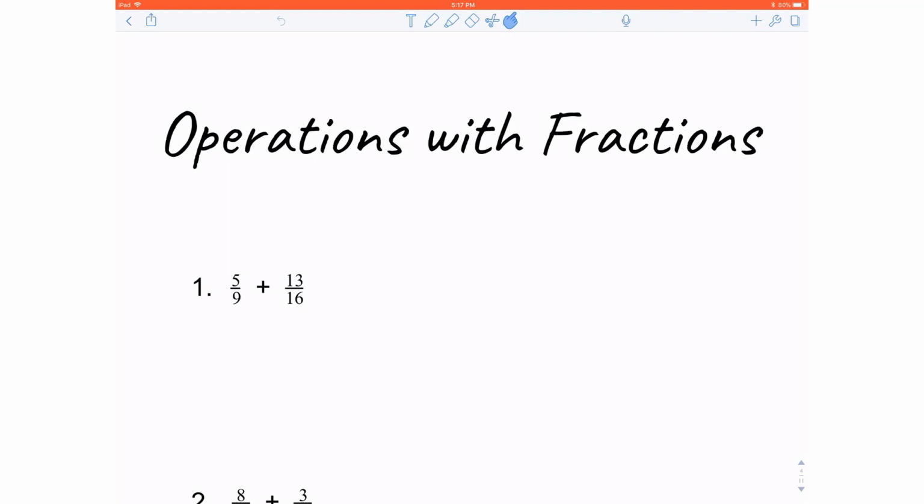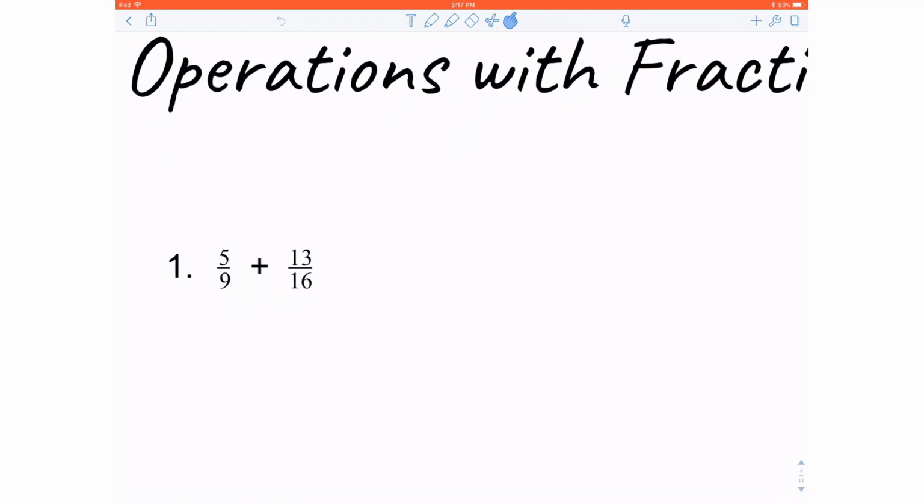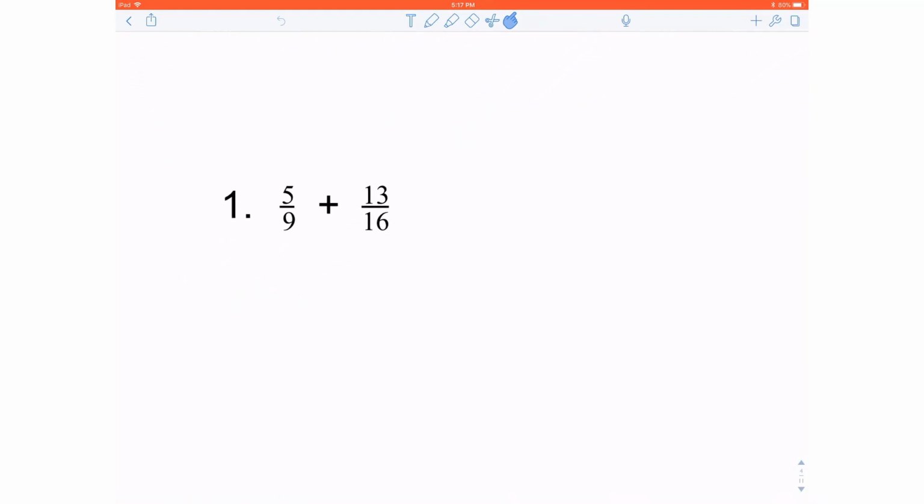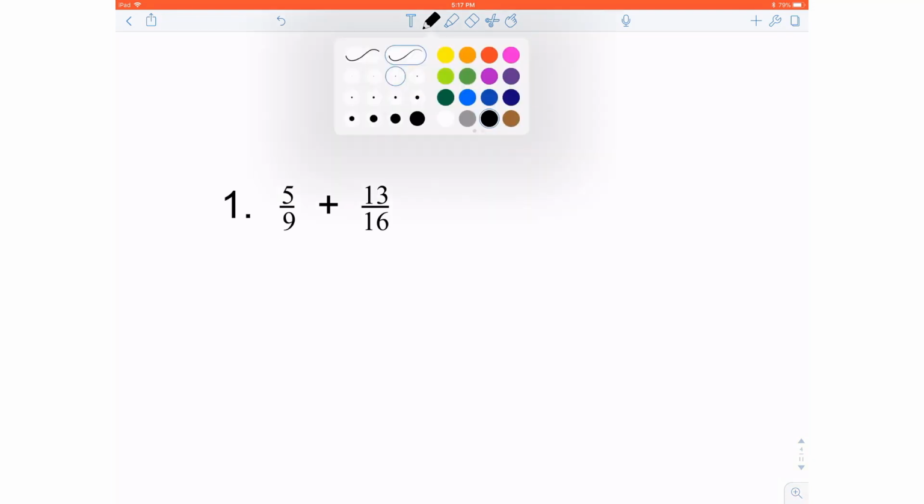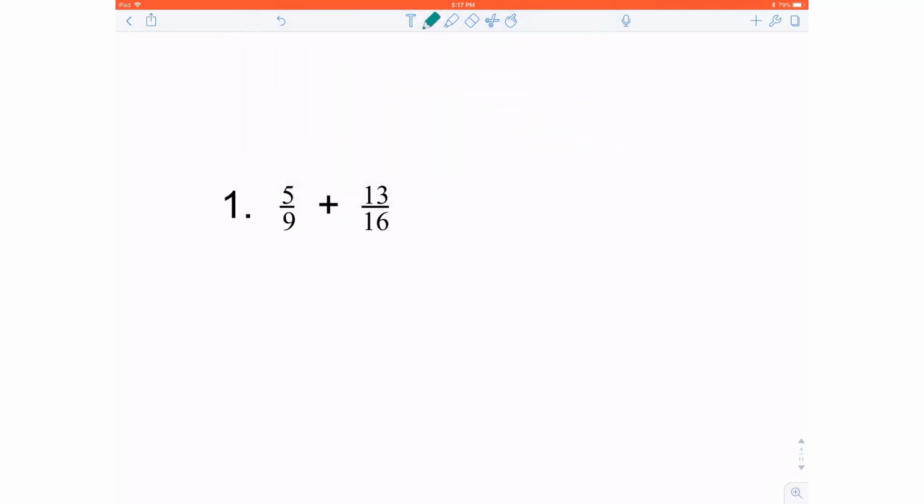When we're adding and subtracting fractions, we need to make sure that the denominator is the same. The denominator is the bottom number. Okay? So here, let's try a different color, just so it's easy to differentiate.